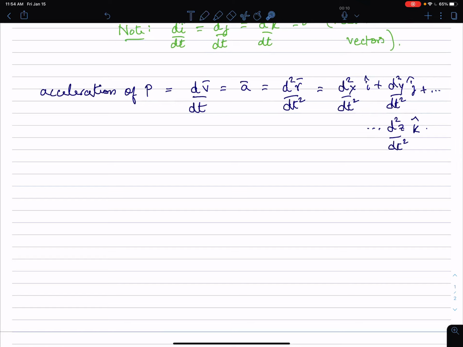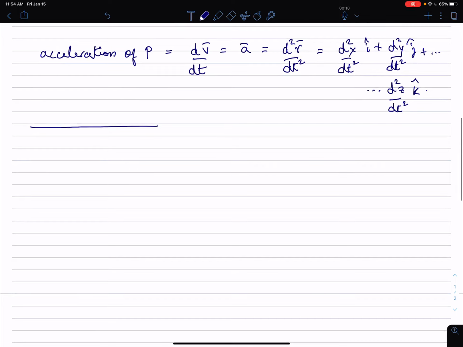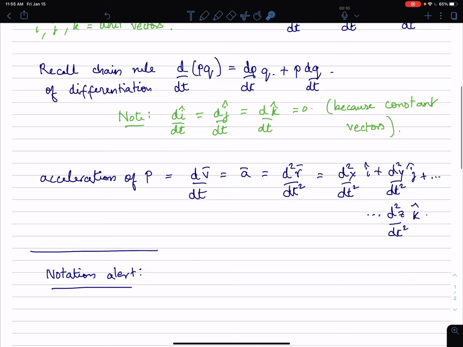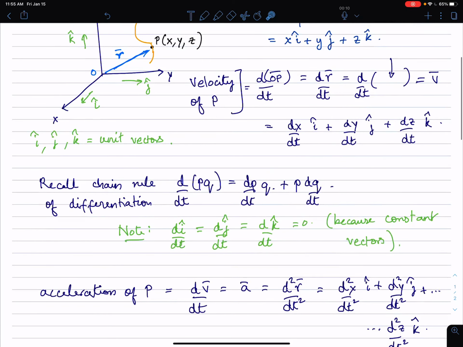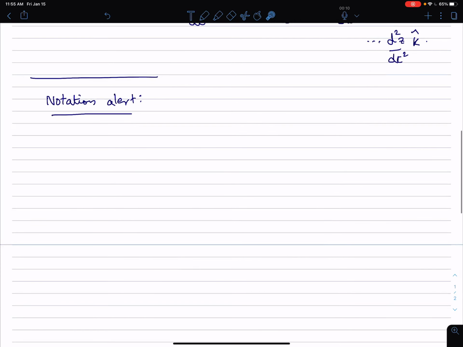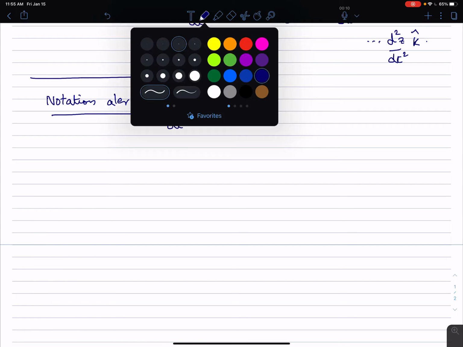We are going to continuously use the following short form, which some of you may be familiar with, but if not, no worries. So this is notation alert. When we say dx by dt, we can write that as x dot, right? So this is the dot notation.